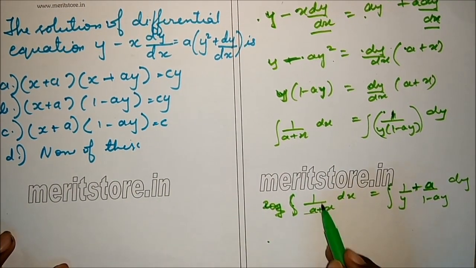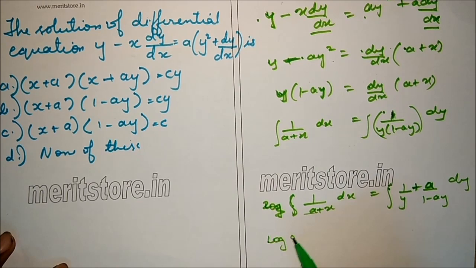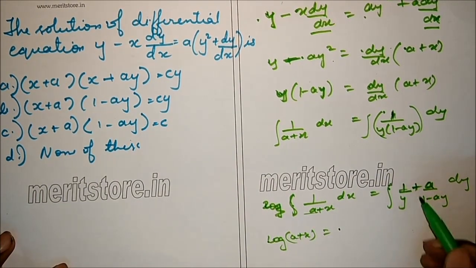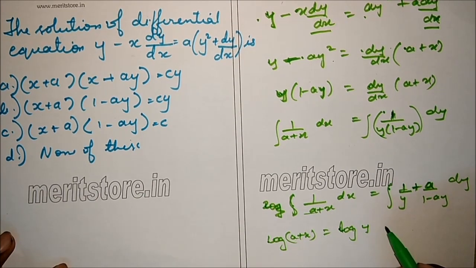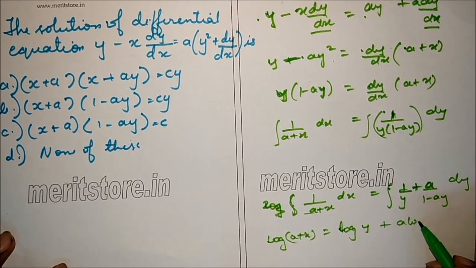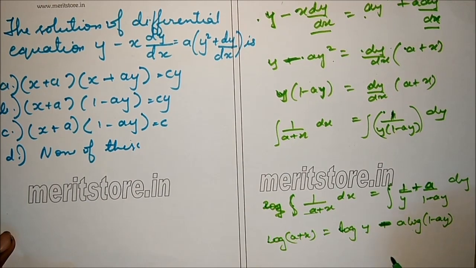So integration of 1 by a plus x is log of a plus x, is equal to integration of 1 by y is log y, plus a into log of 1 minus ay, minus into minus since there is a minus sign, plus log c. Let this be the integration constant.